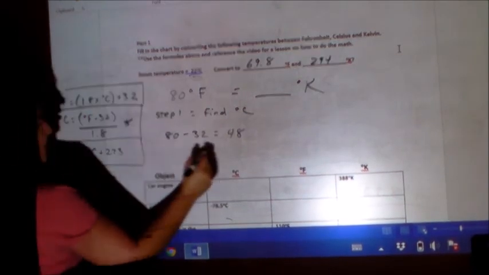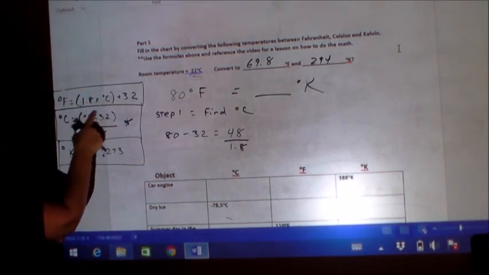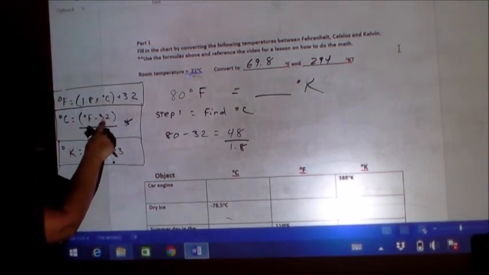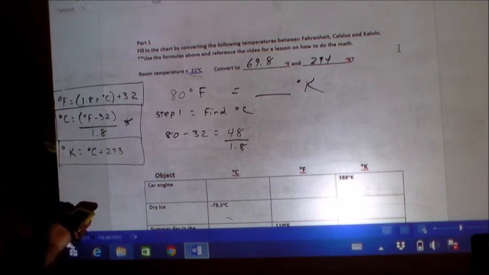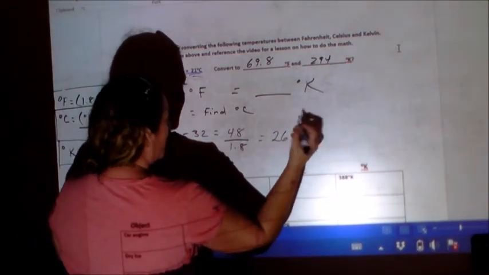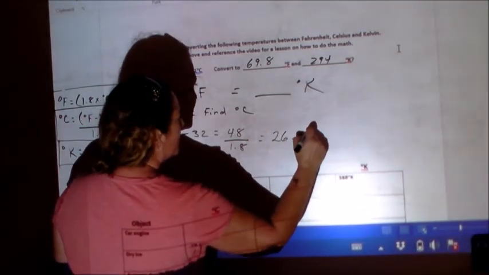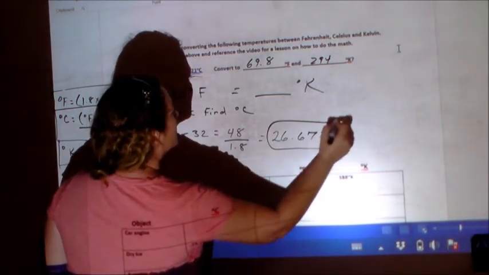And then I take 48 divided by 1.8. So now I know Fahrenheit minus 32 is 48, and then I divide that whole thing by 1.8. 48 divided by 1.8 equals 26.66666, so I'll just say 26.67 degrees Celsius.